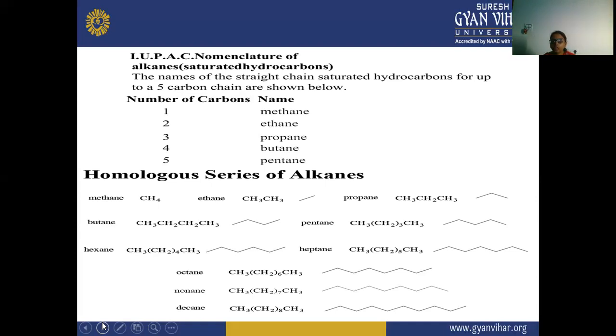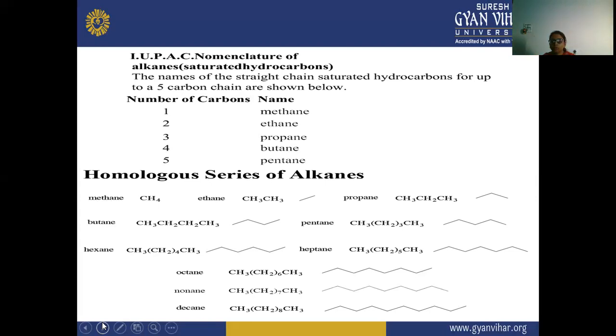Next is 4, which is butane, and 5 is pentane, where the 5 carbon atoms are bonded by single bonds. So these are the numbers of carbon atoms and these are the names.